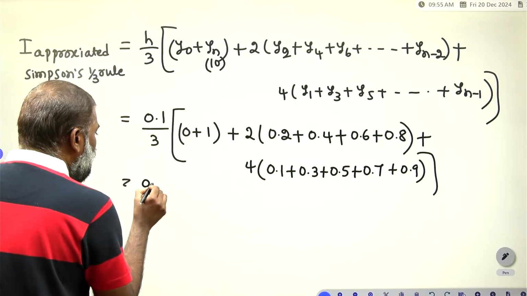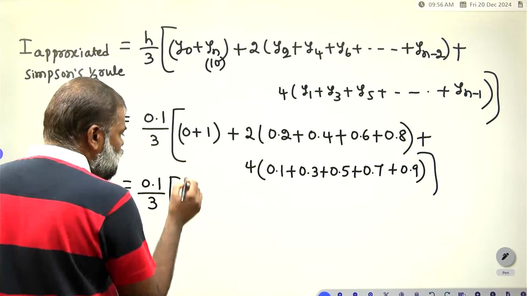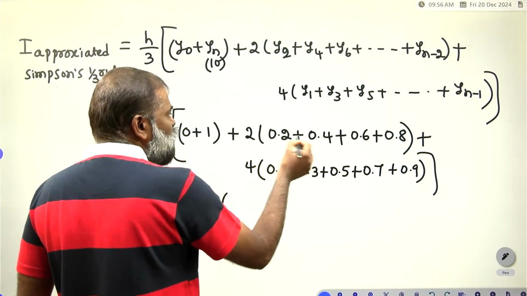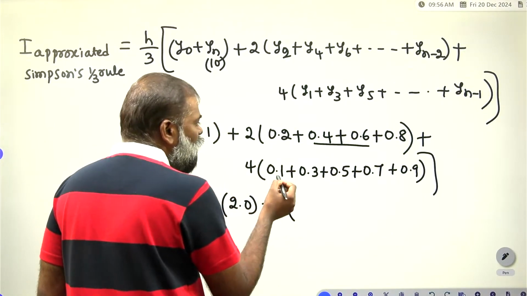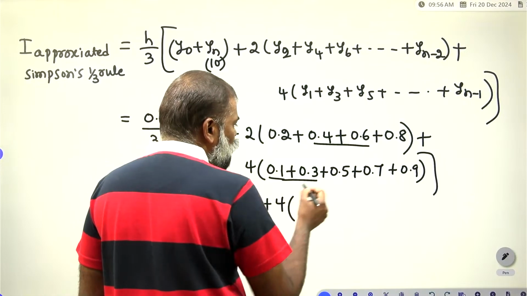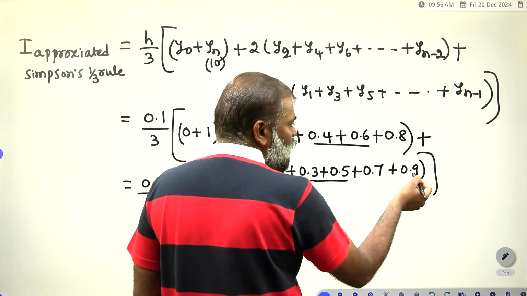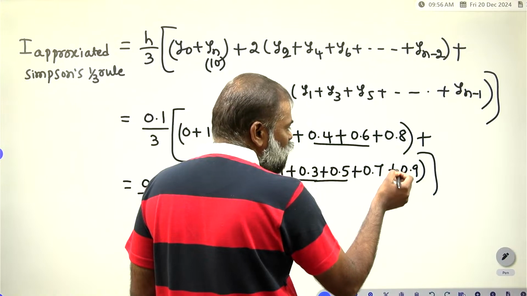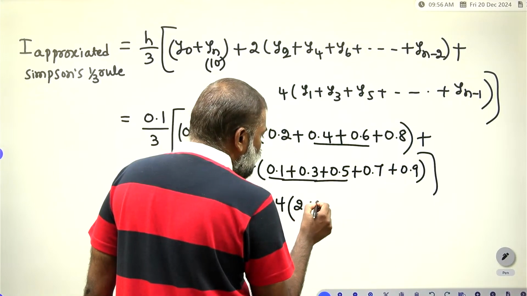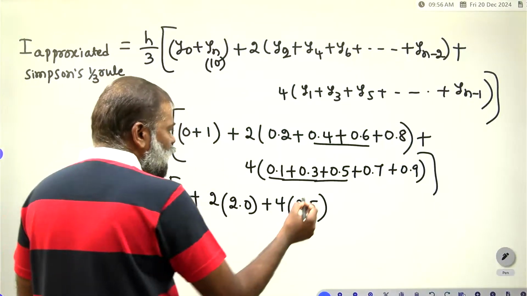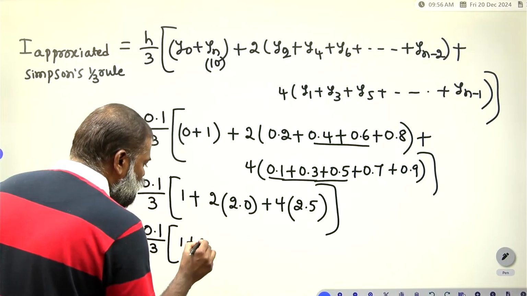Now you add it. 0.1 divided by 3 into 0 plus 1 is equal to 1, plus 2 into 0.2 plus 0.4 and so on, plus 4 into 0.1 plus 0.3 plus 0.5 plus 0.7 plus 0.9. The even sum is 2.0 and the odd sum is 2.5.